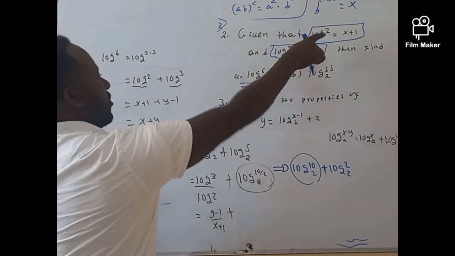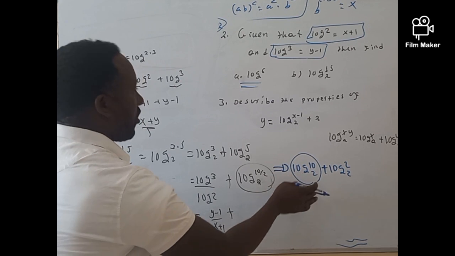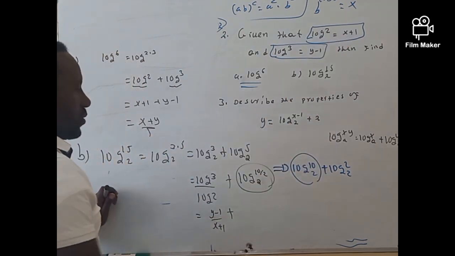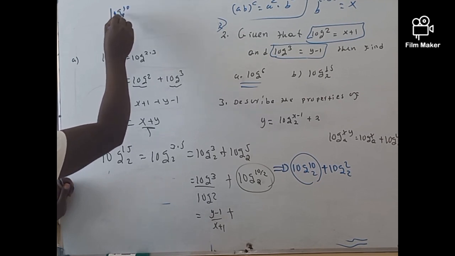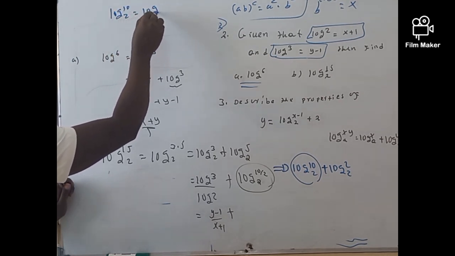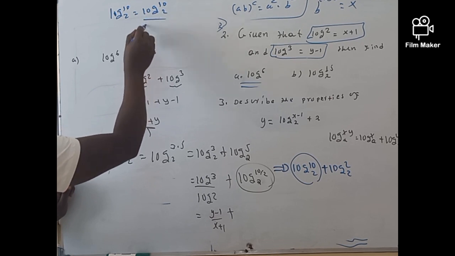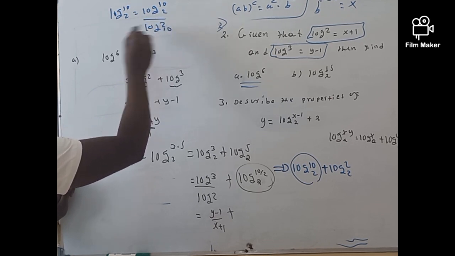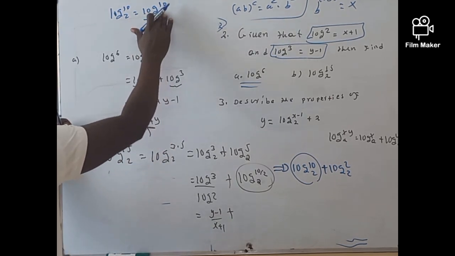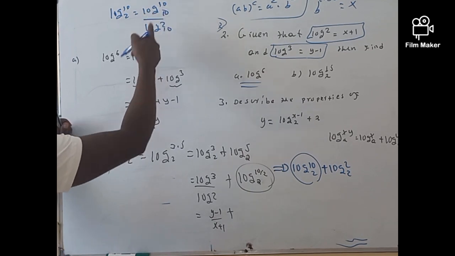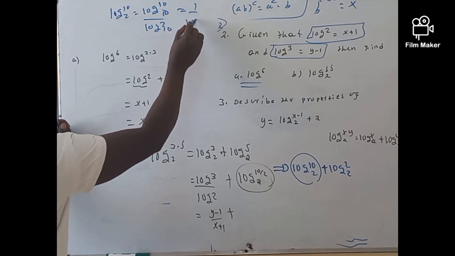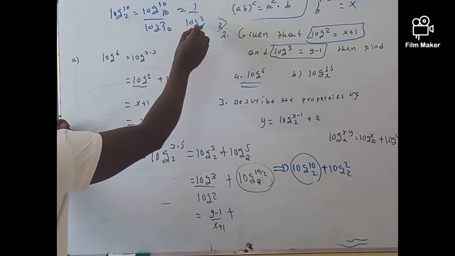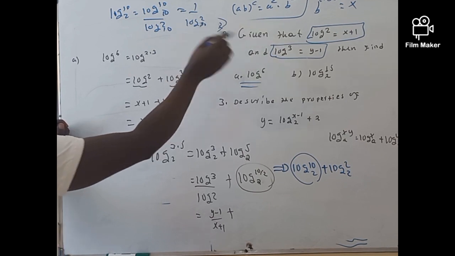Or we can write log 10 to the base 2 as log 10 to the base 10 over log 2 to the base 10. That is exactly 1 over the logarithm of 2 to the base 10, which is the reciprocal of this one.